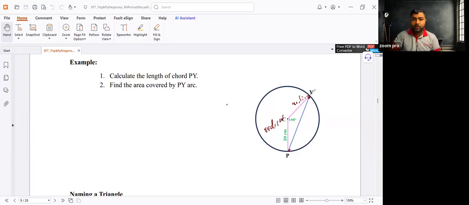Those radii are equal. So I can write an equation like this. I'm going to write two equations for this triangle.